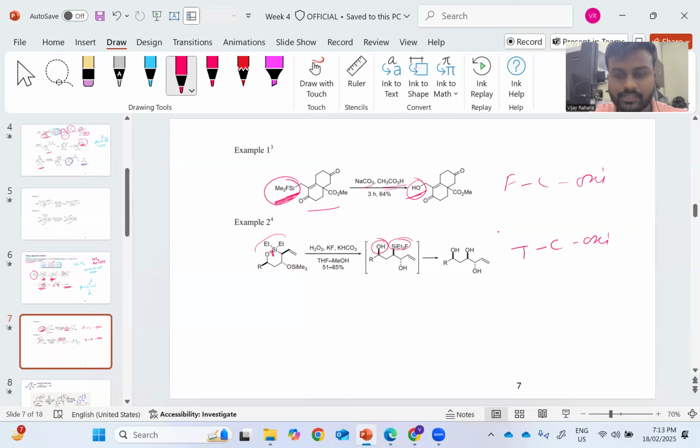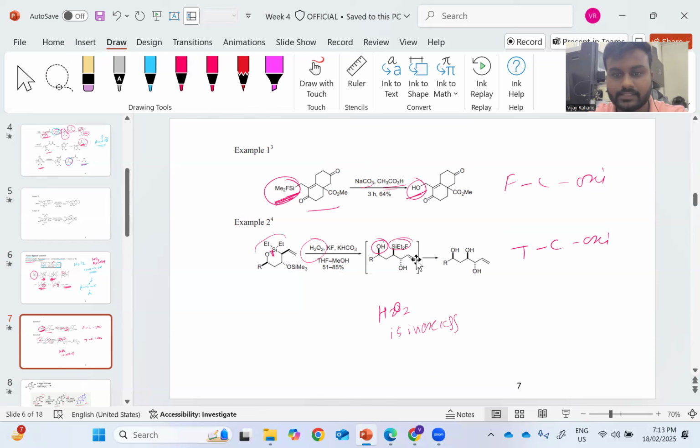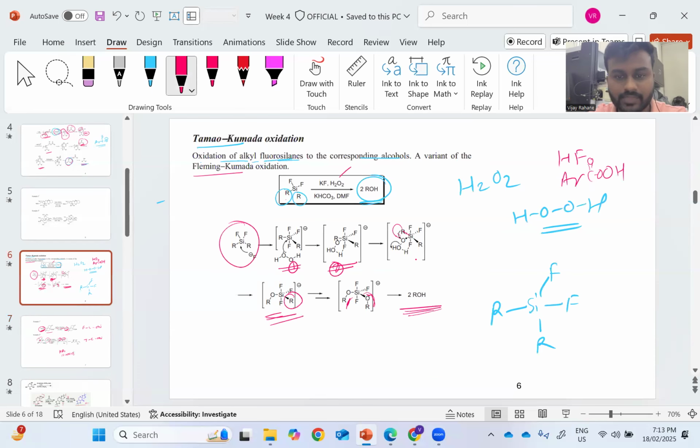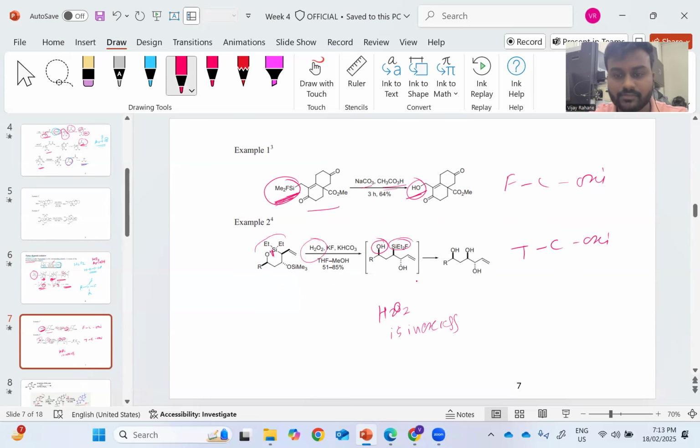This later converts, as we have seen, as we add excess peracid, so H2O2 in excess, a similar kind of oxidation reaction occurs, and we get this other group also converted into the corresponding alcohols.